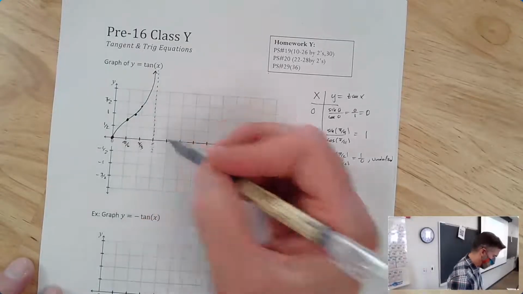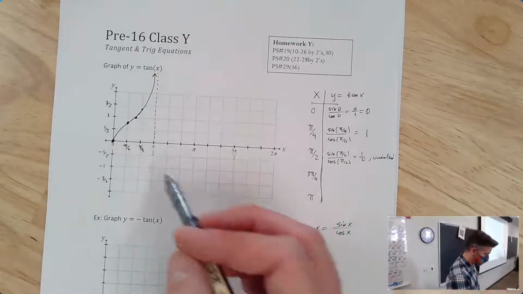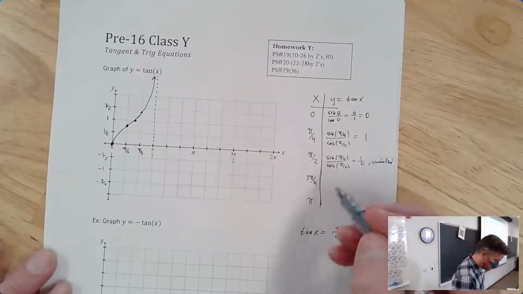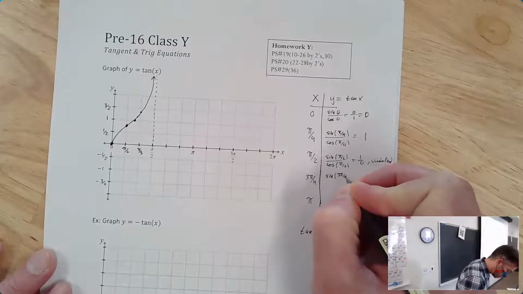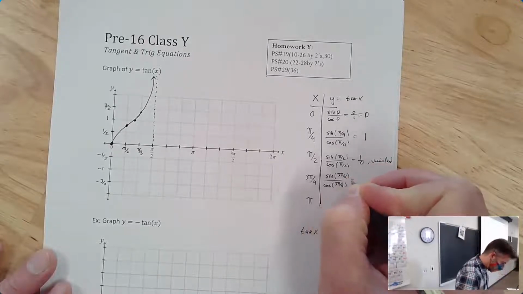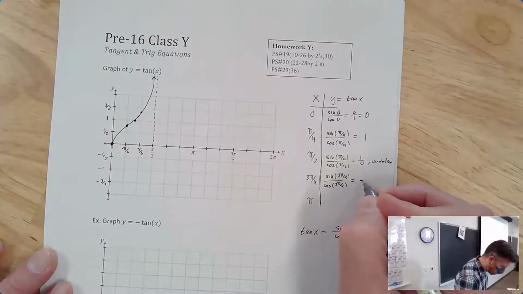On the other side of pi over 2, tangent starts being negative. Right, from pi over 2 to pi, we're in quadrant 2. Tangent of 3 pi over 4, that's going to be, again, sine of 3 pi over 4 over cosine of 3 pi over 4. They're the same values, except sine is positive and cosine is negative, so we're going to get negative 1.